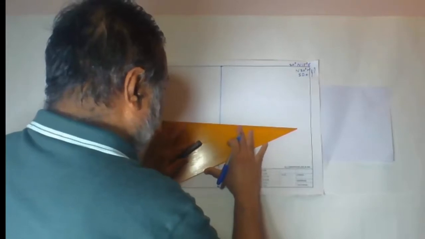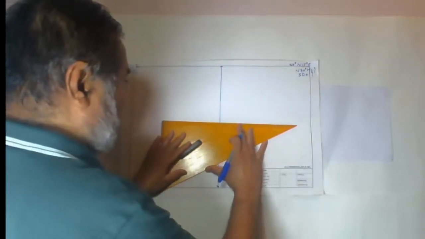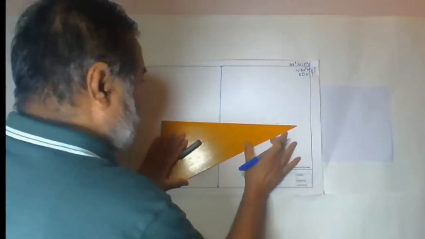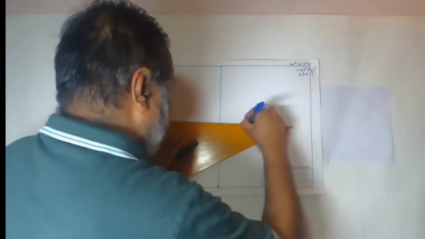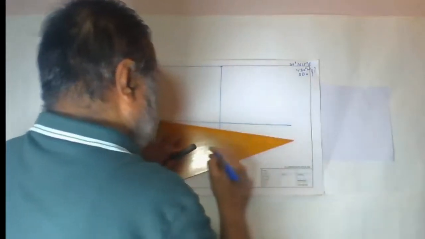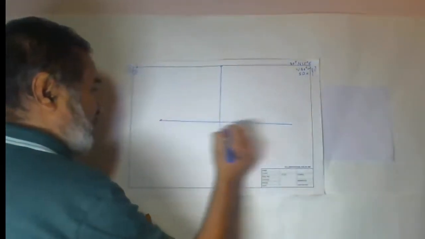Again in the center, draw a perpendicular so that the space on both sides is the same. So these are the directions we have plotted.